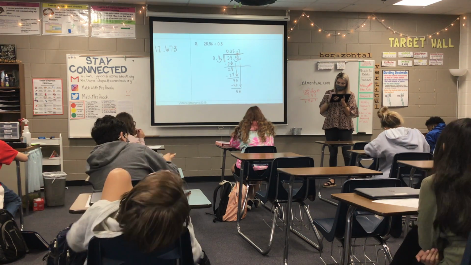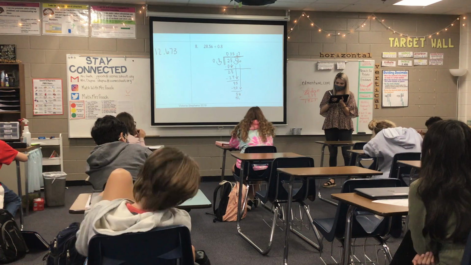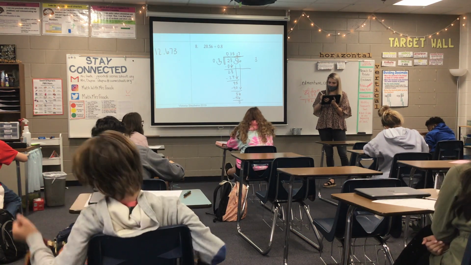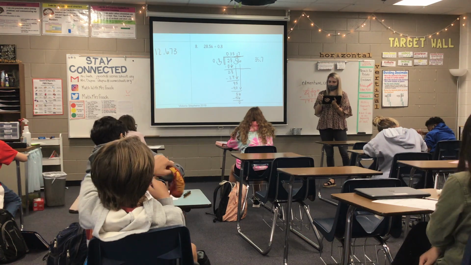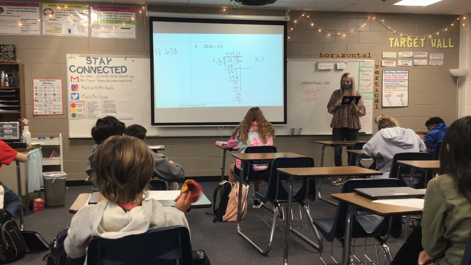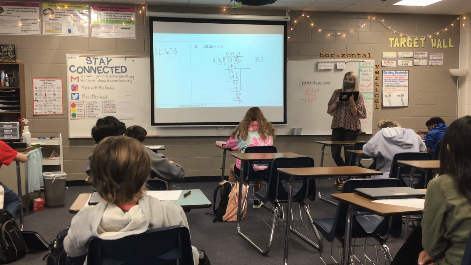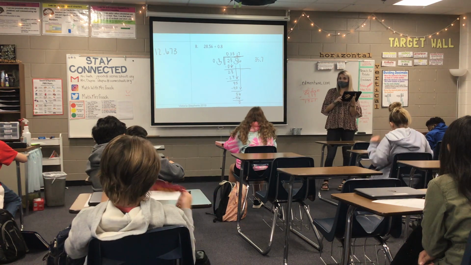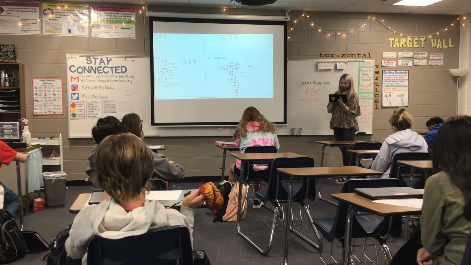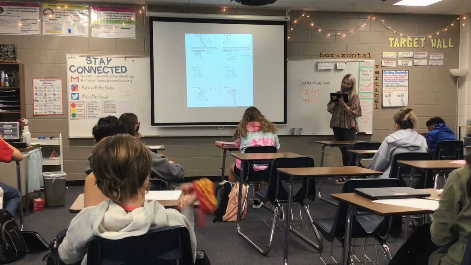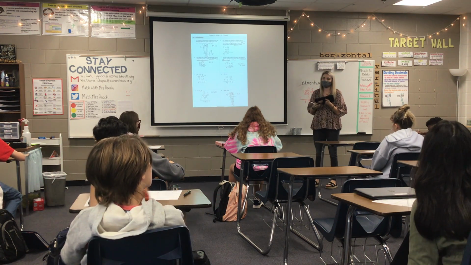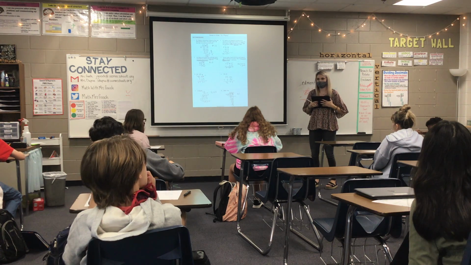Good. 7 times 8 is 56. And now we have 0. So read this answer for me, Ford. What does this say? 35 and 7 tenths. Good. 35 and 7/10. Good.